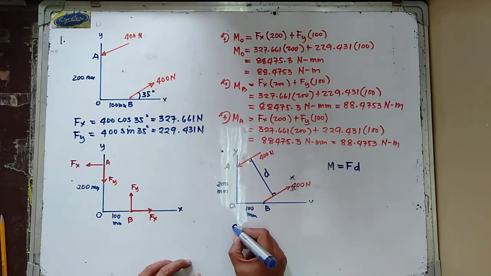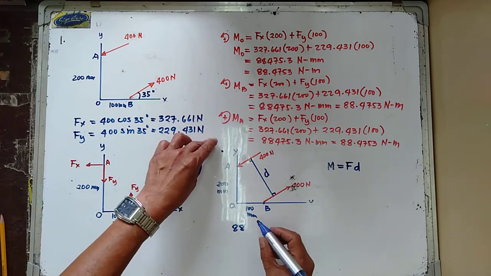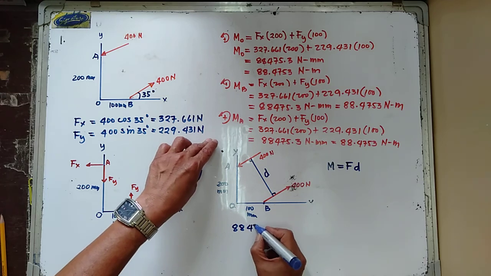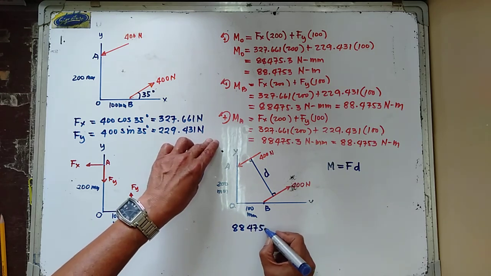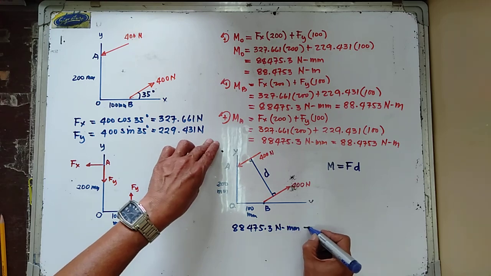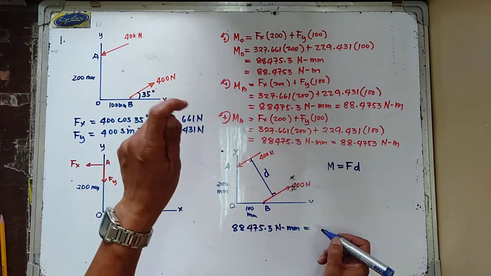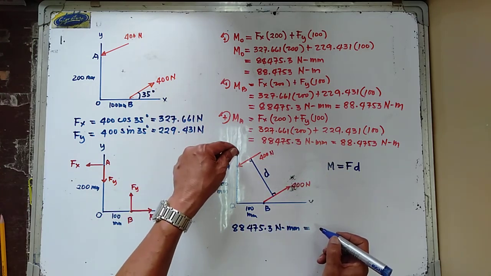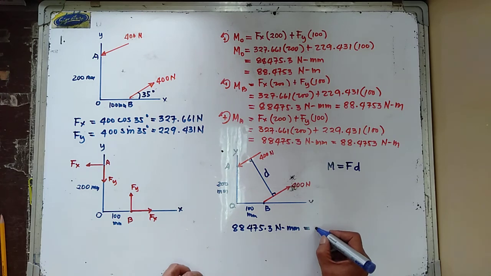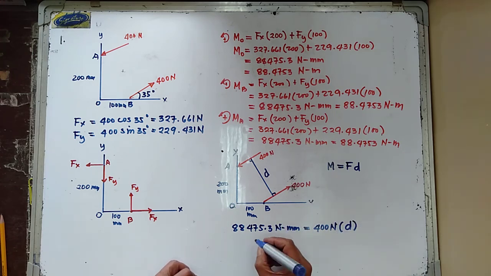So what is the value of M? 88,475.3 Newton millimeter is now equal to F, the magnitude of one of the forces composing the couple, which is 400 Newton, multiplied by D. Okay, that will cancel out.